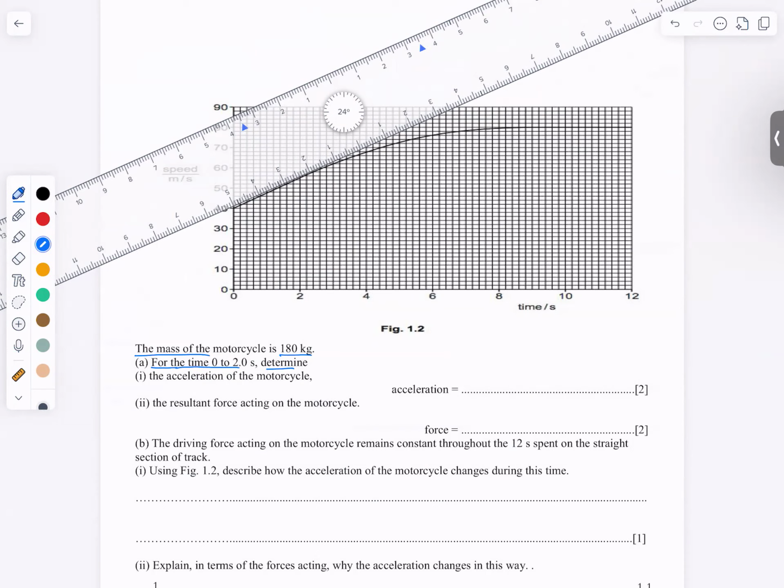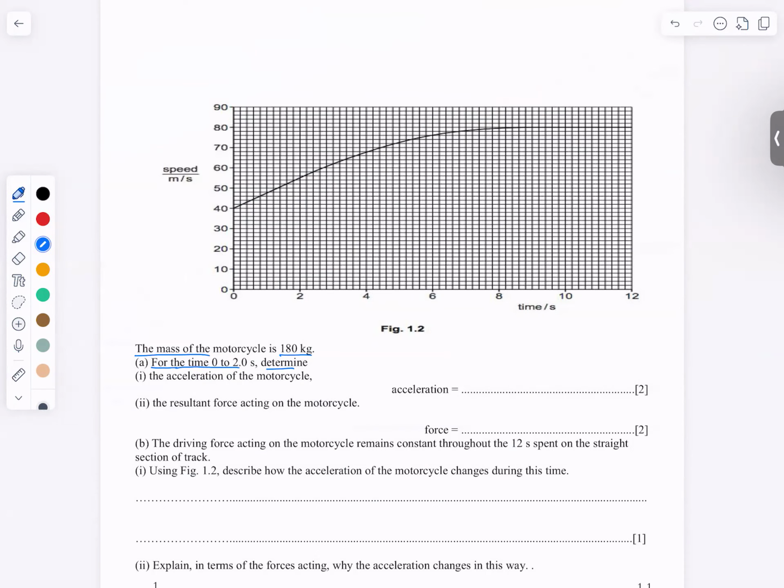Because if the acceleration is non-uniform, then at the given point you have to draw the tangent. But here they're asking the acceleration over an interval where it's constant. So from 0 to 2 second, the acceleration is constant. So to calculate this acceleration, we can calculate the slope between 0 to 2 second.